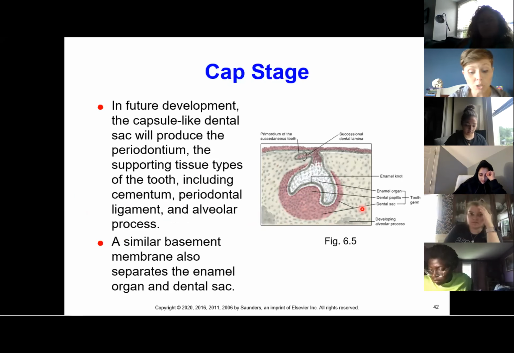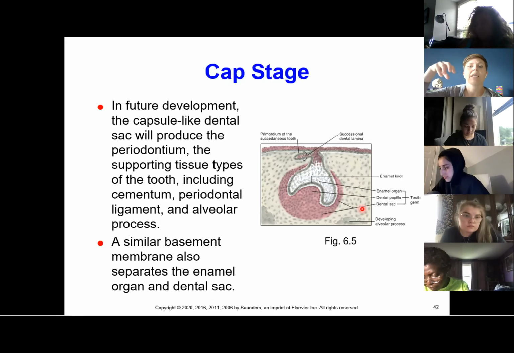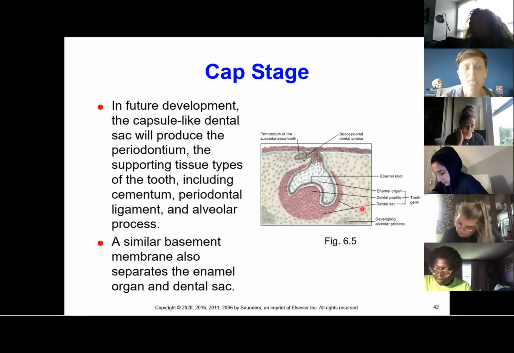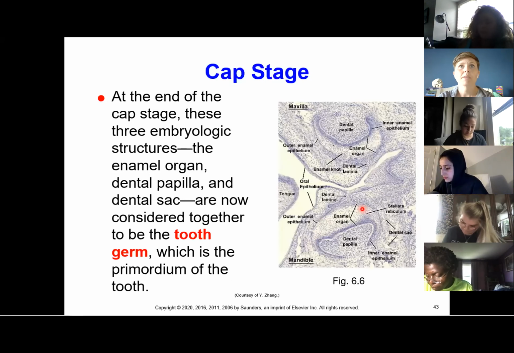All right, in future development, the capsule-like dental sac will produce the periodontium, the supporting tissues of the tooth, including the cementum, which covers the root, the periodontal ligament, which attaches the cementum to the bone, and the alveolar process, which is the actual bone that teeth sit in. Okay. A similar basement membrane also separates the enamel organ and the dental sac.